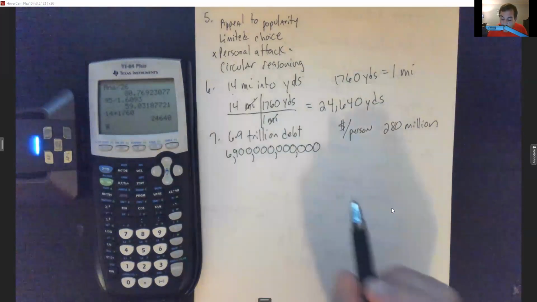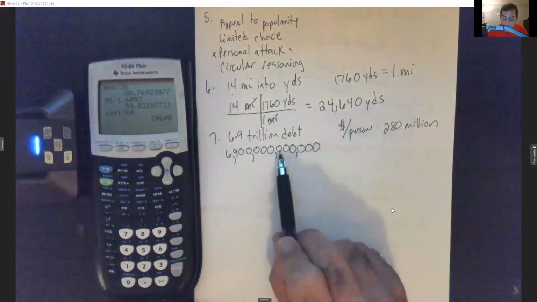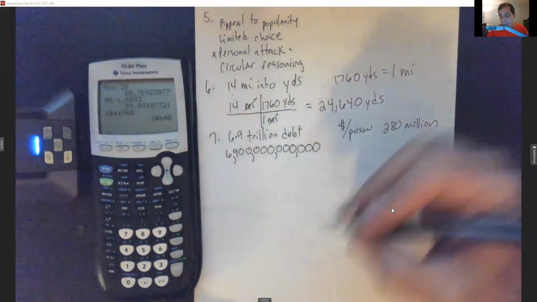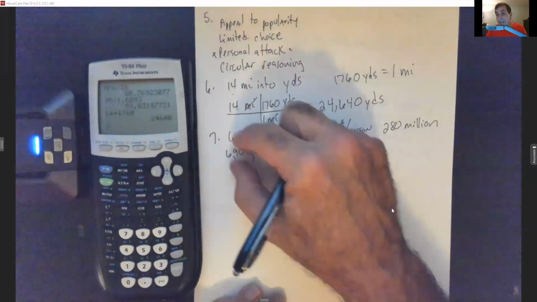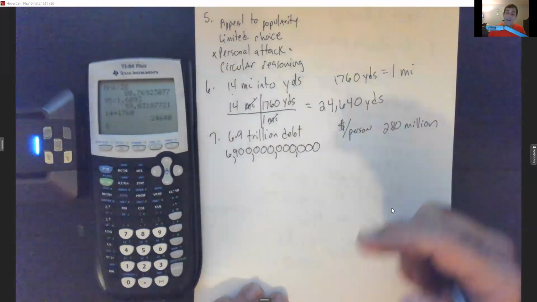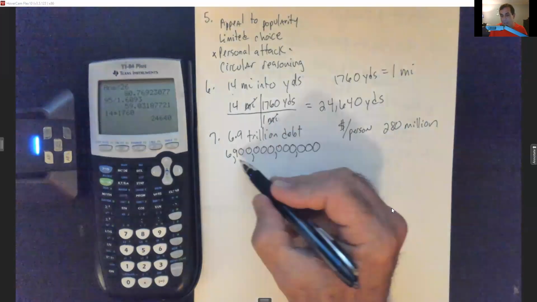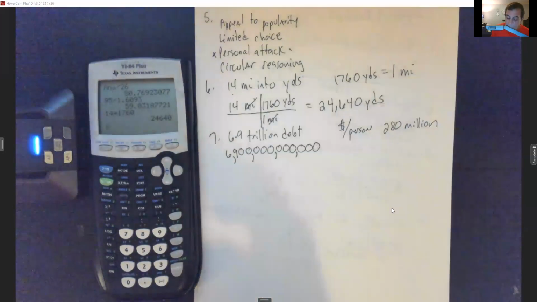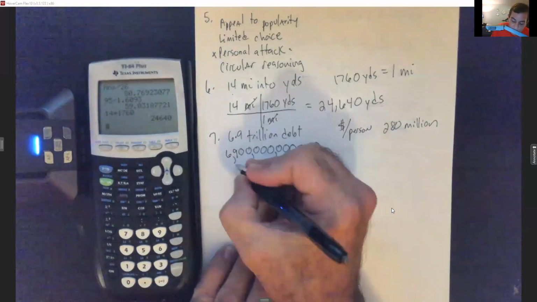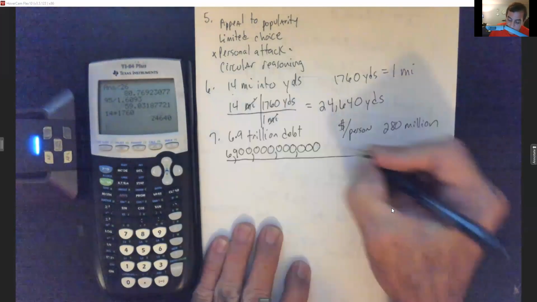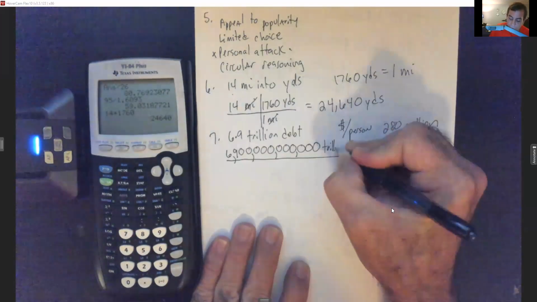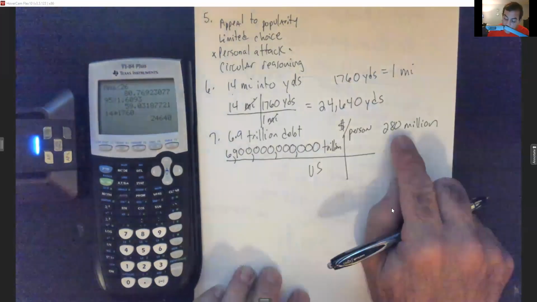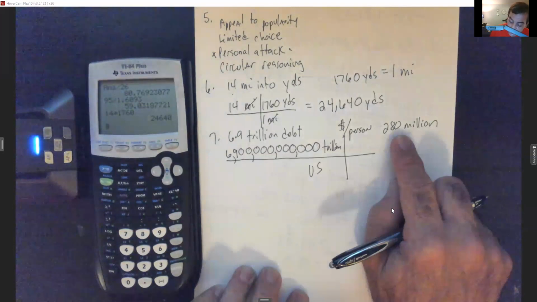And remember, 1, 2, 3, 4, 5, 6, 7, 8, 9, 10, 11, 12. When we were doing the chart that one day, the trillions spot had 12 zeros on it, okay? But we had a number in this place, so that eliminated one of the zeros. So that'd be 6.9 trillion. So you're going to start with 6.9 trillion per U.S. Now I'm going to turn 280 million into a number also.